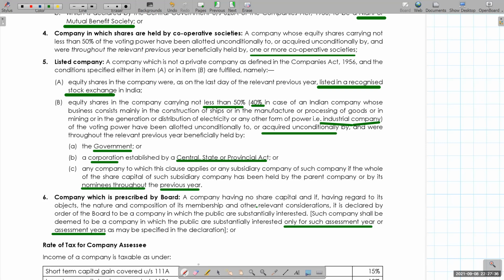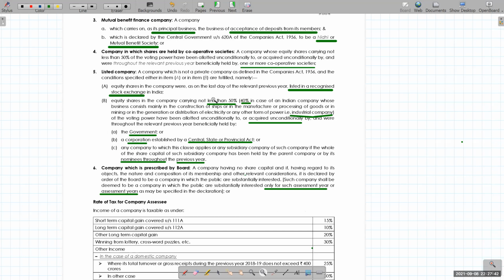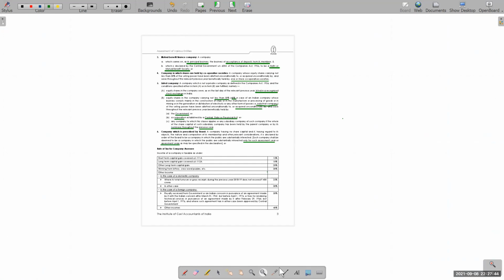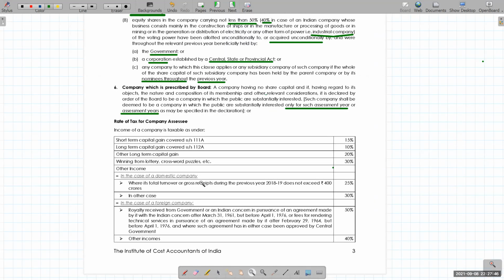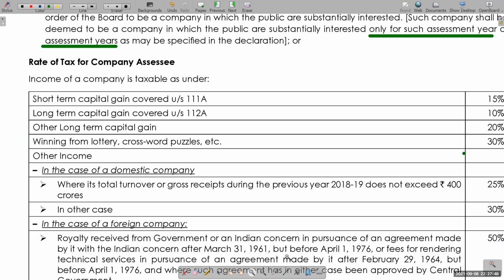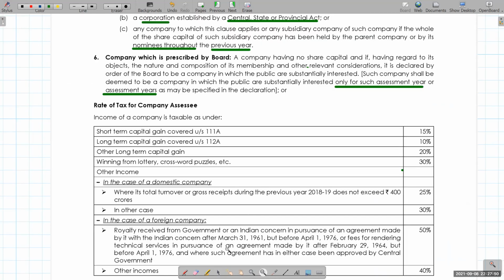Okay, and if a company is an assessee, what all rates are applicable? When it comes to capital gains, we have short-term capital gains and long-term capital gains.